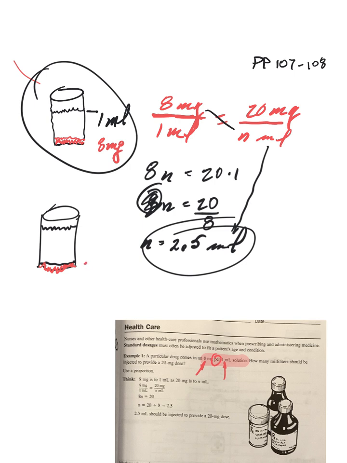So this is going to be 20. And how much of this is there? Well, I just found out 2.5 milliliters. So I've got to give them this much stuff in order for them to actually get the 20 milligrams of the medicine that I want them to have.